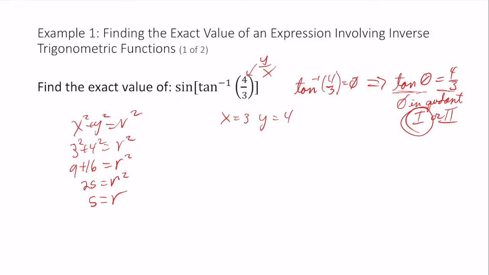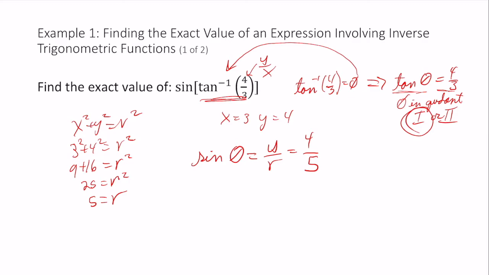Then if we want to find the sine of theta, sine is going to be y over radius, which is 4/5. So that's how we're going to find the exact value of an expression involving an inverse and a trigonometric function.